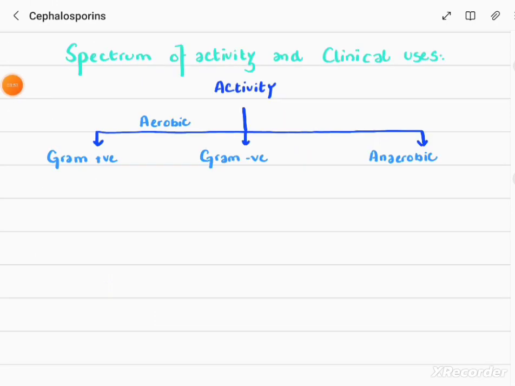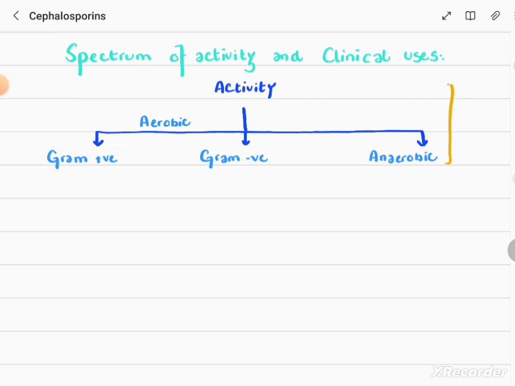So let's talk about the spectrum of activity and clinical uses of the first generation cephalosporins. We divide bacteria into aerobic and anaerobic, and within these there are further categories of gram positive and gram negative. Here I have given a brief overview of bacteria classification.